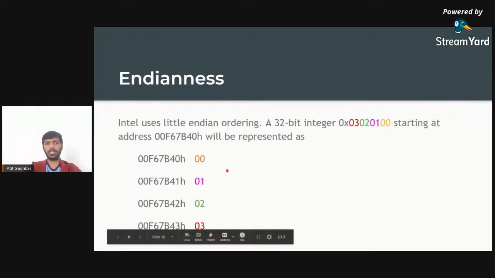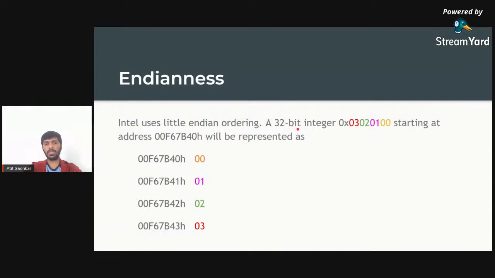As we have already seen endianness, in binary exploitation you really have to consider the endianness of a system in order to actually crack it. We'll just recap this one. Say you have a 32-bit integer 03020100 starting at this address.